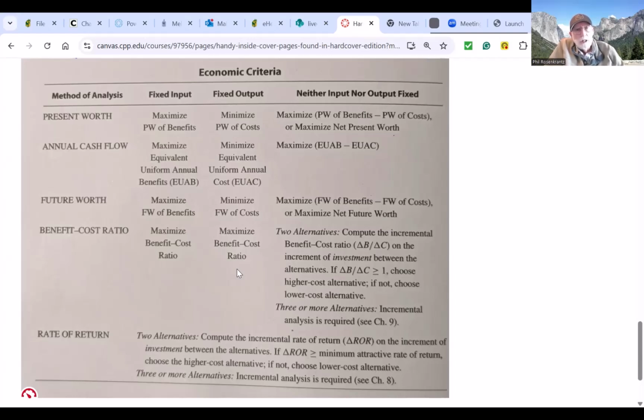So sometimes when we're working problems for fixed output, we're minimizing the present worth of cost, but we're using it as a positive number, and we just want the smallest positive present worth. That's because that's the least costly. All right. Sorry that's confusing, but you need to get used to the terminology.